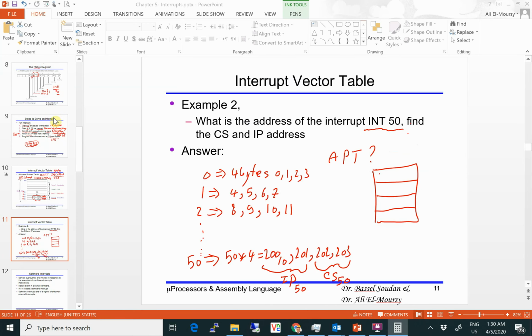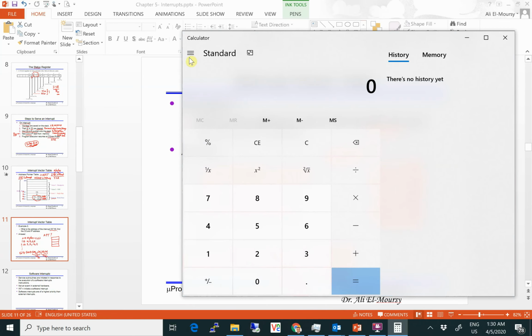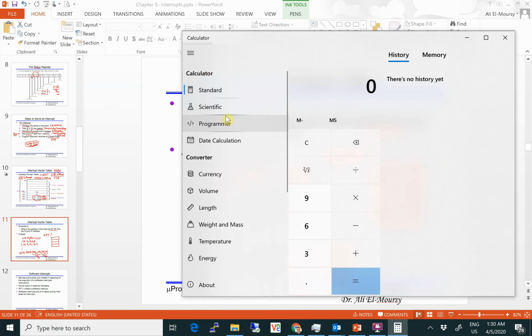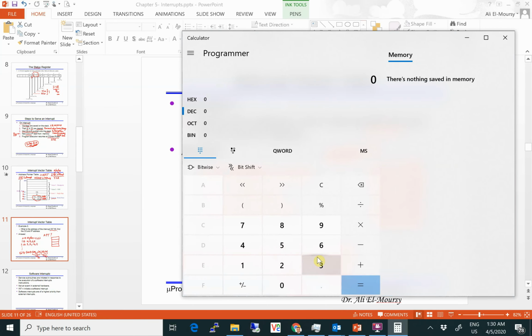Let us do the calculation. I just want to do a full demo here for you. If I'm talking about 200 in hexa, it will be C8.